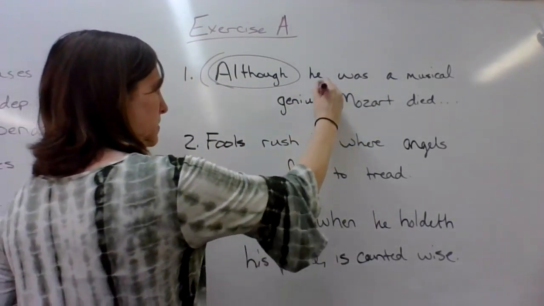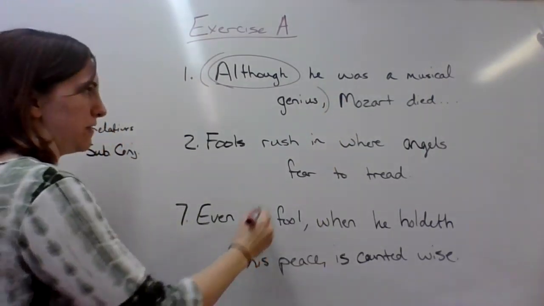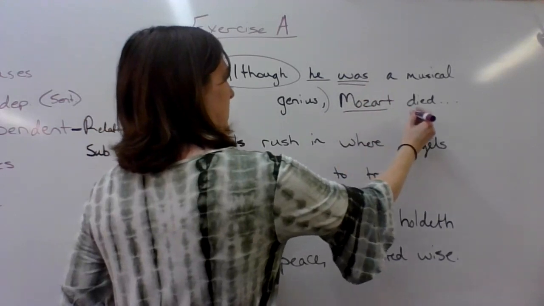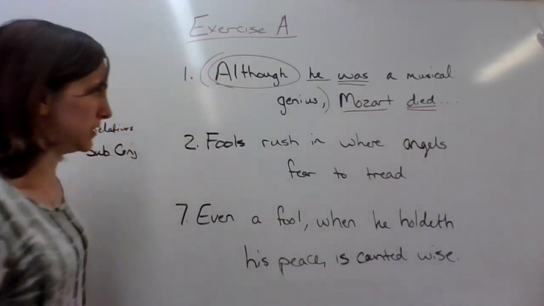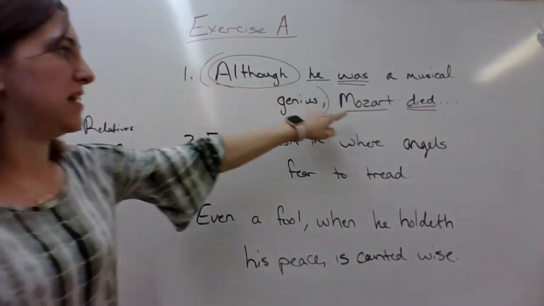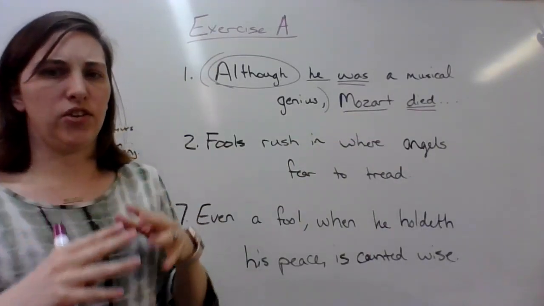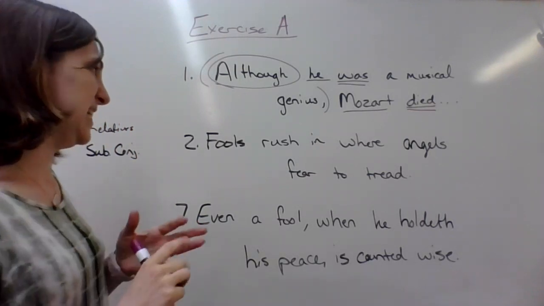And of course it stops at this comma right here. We've got a subject and a verb inside the clause, and we have a subject and a verb on the outside of the clause. This is the dependent one. This would be the independent one. You gotta have both in these sentences.